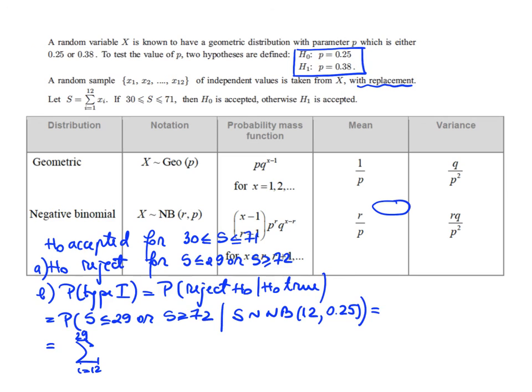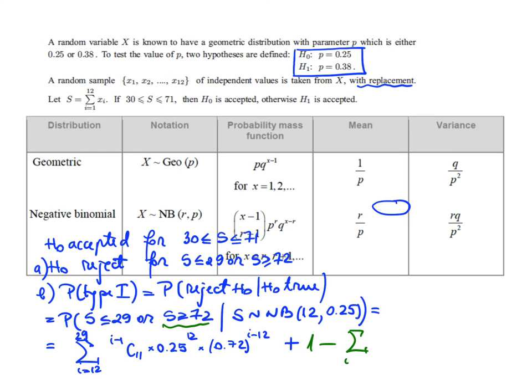Remember the domain of the negative binomial. (i minus 1) combination 11 times the probability of success to the power of 12 times the probability of a fail to the power of i minus 12, plus, and because the domain is infinite, I'm going to need to write the second part as 1 minus the probability of S being less or equal than 71.